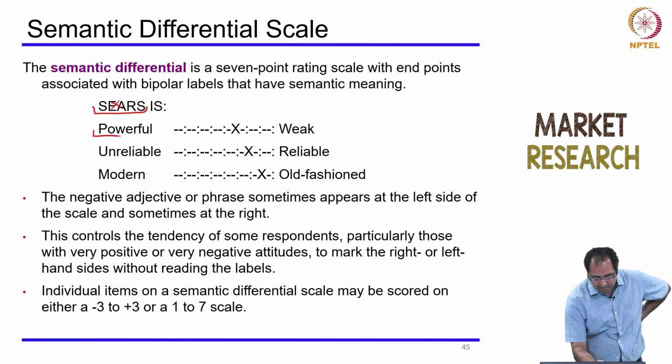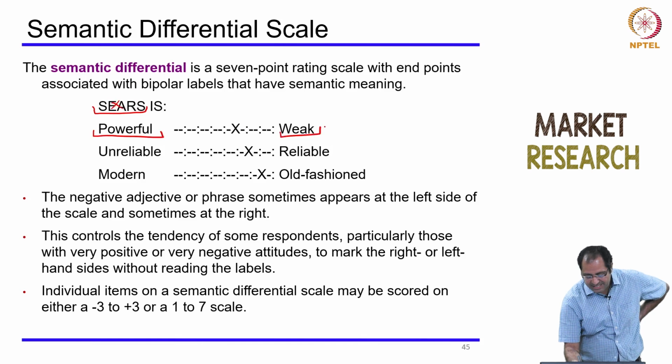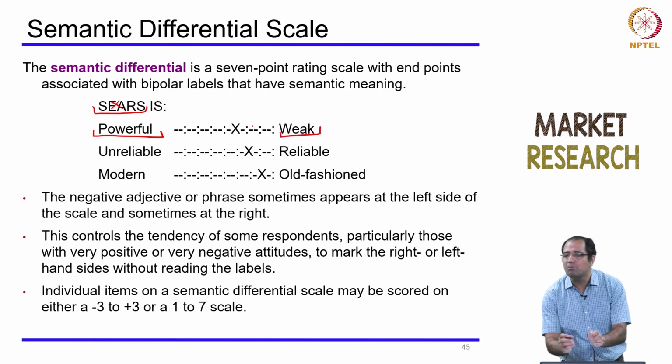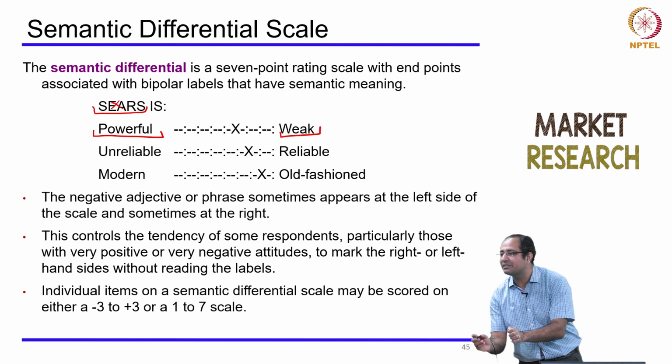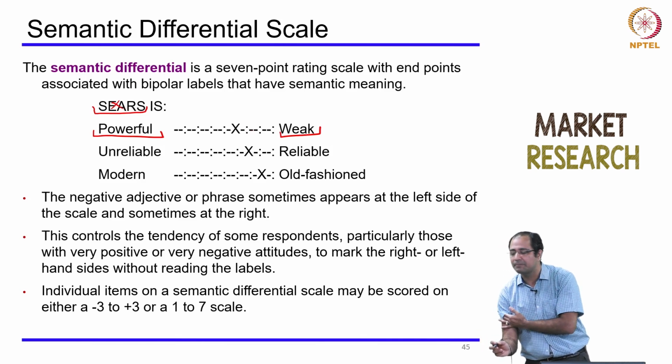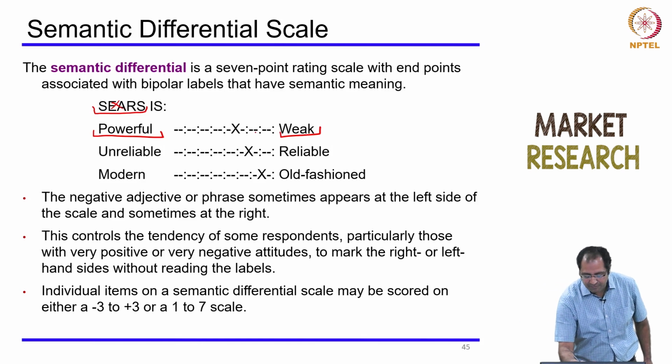Nilgiris is powerful, weak. So there is a continuum. The respondents need to mark closely to the descriptor they feel represents that particular characteristic of the product. So Nilgiris is powerful or weak.